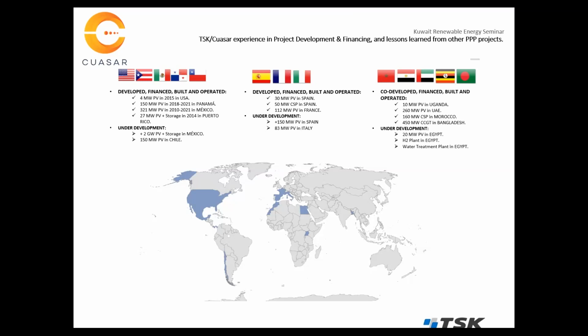And TSK, as you probably know, is a highly technological group. We are focused on delivering projects under EPC contract to customers all around the world, mainly in the energy, water, and industrial sectors. These capabilities were determinant when deciding to create Quasar, because our main goal was, and is, creating a fully vertically integrated IPP that can cover every single activity within the value chain in as many countries as possible.